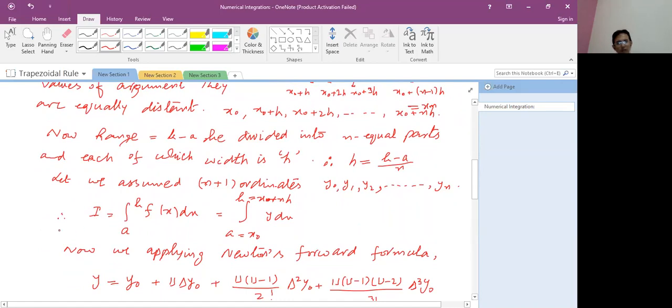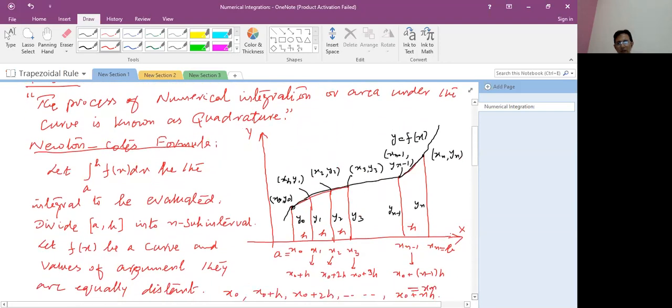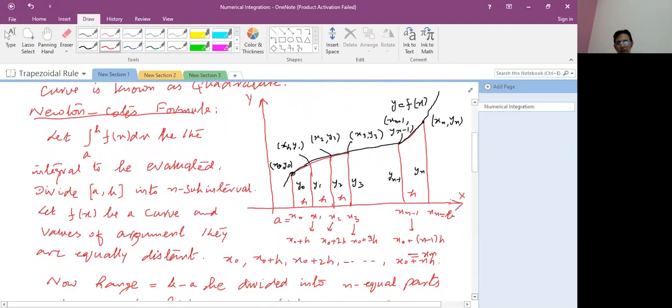Now, the integral value. If you find the definite integral, I equals the integral from a to b of f of x dx. Here x0 is the initial point, so the limits go from x0 to xn, that is, x0 to x0 plus nh.